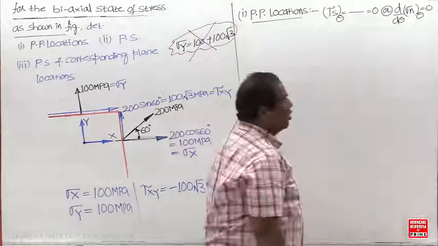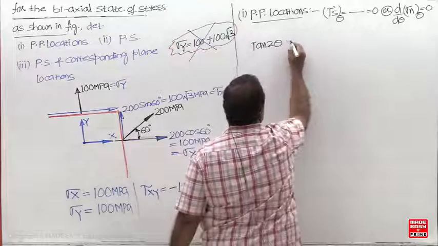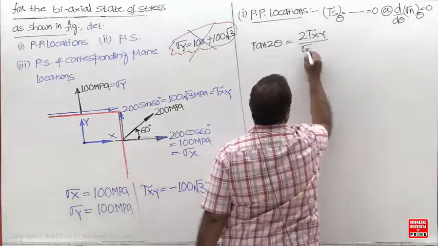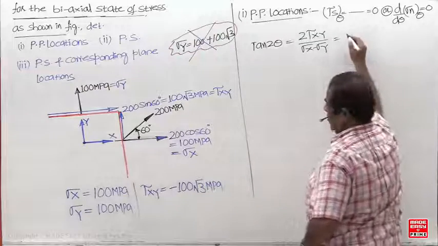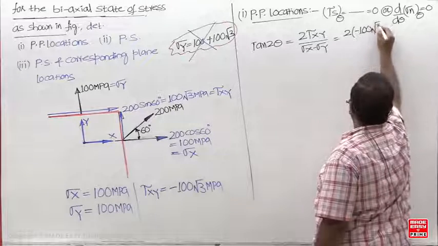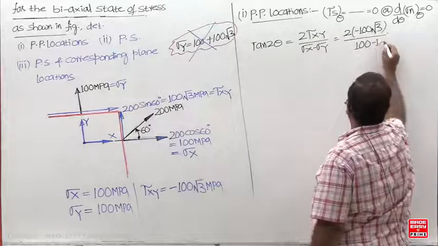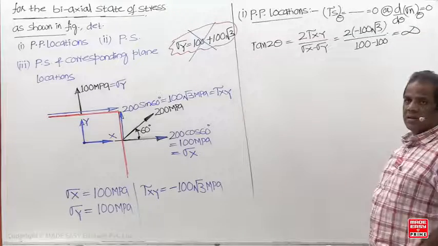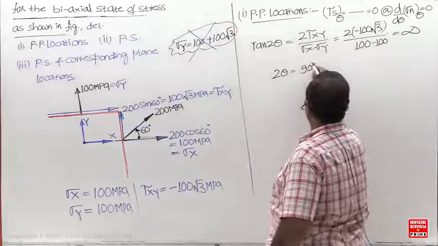But if you already know that equation, directly tan 2 theta equals minus 100 root 3 by 0, which is infinity. When tan is infinity, 2 theta is 90 and 270.